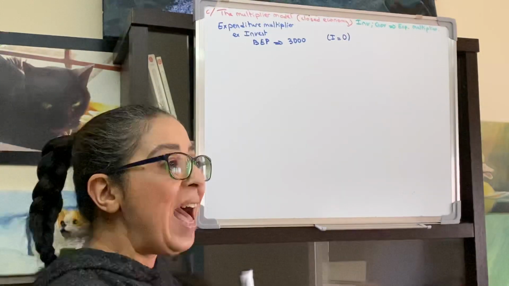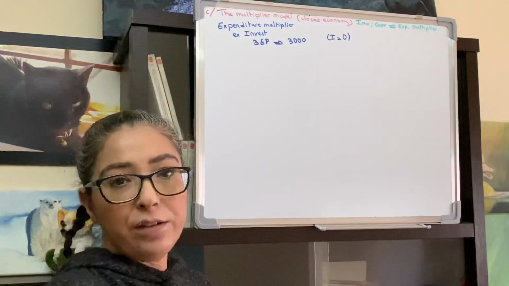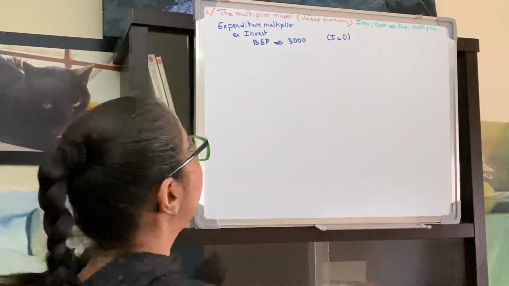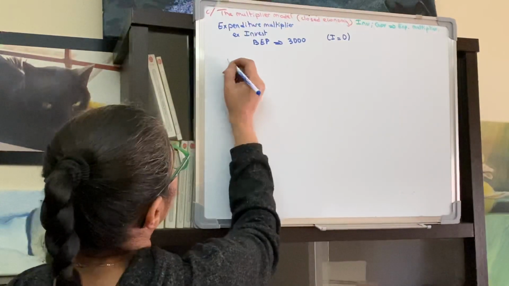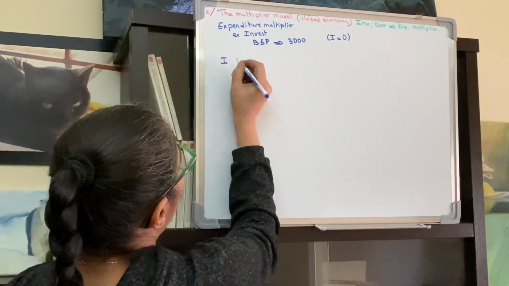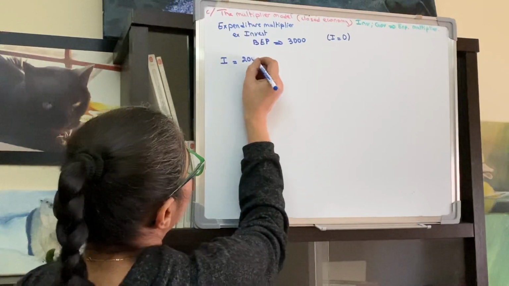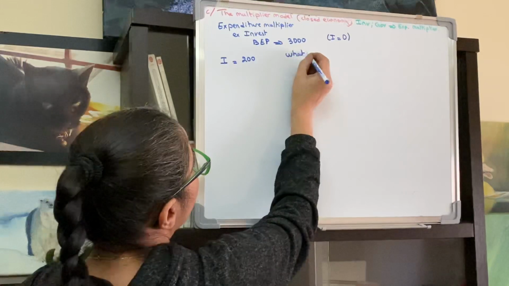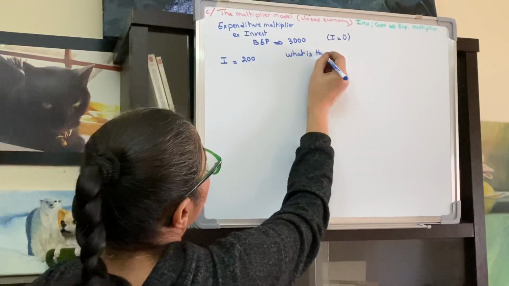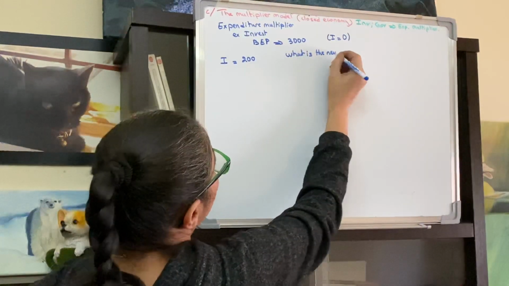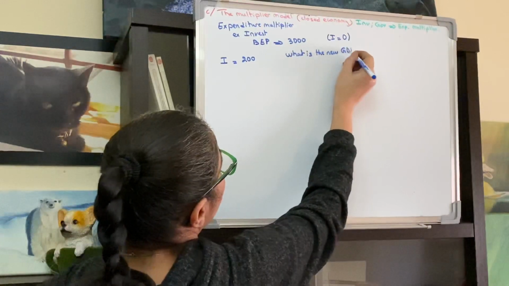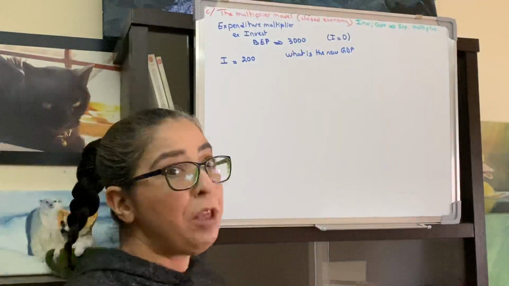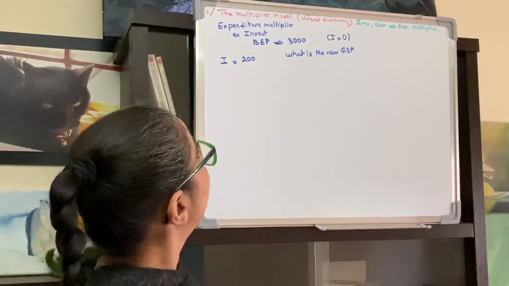Now, if I add $200 of investment, so now I is equal to 200. What is my new GDP? You know it already, it's going to be 3,600, isn't it?